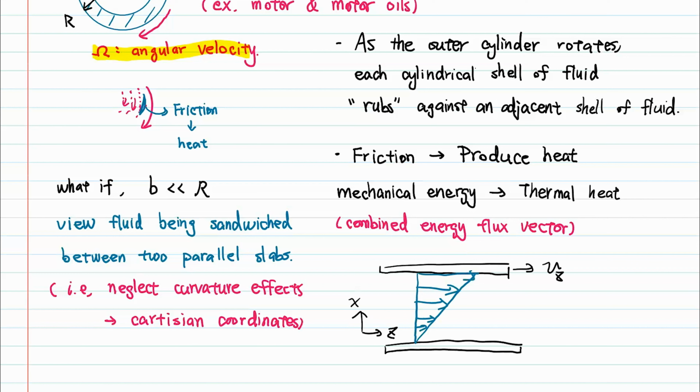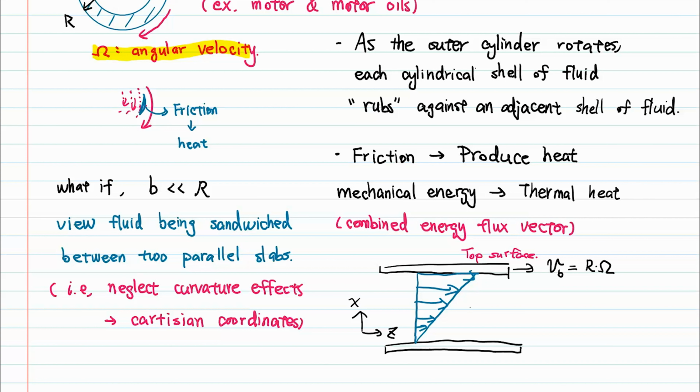The top surface is moving, and Vz here equals Vb, which equals r omega, the radius of the outer cylinder times its angular velocity.